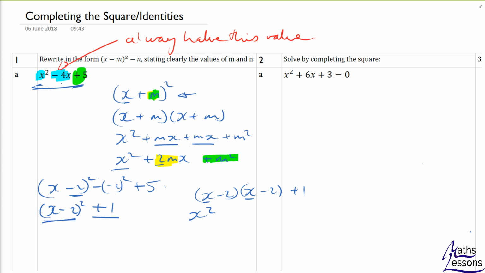I think what I'm going to do is multiply this out, and hopefully it might clarify the answer anyway. So we've got x times x squared, and we've got a minus 2 times x is minus 2x, and minus 2 times this x is minus 2x, and then we've got minus 2 times minus 2 is a plus 4, and then we've got a plus 1 on the end.